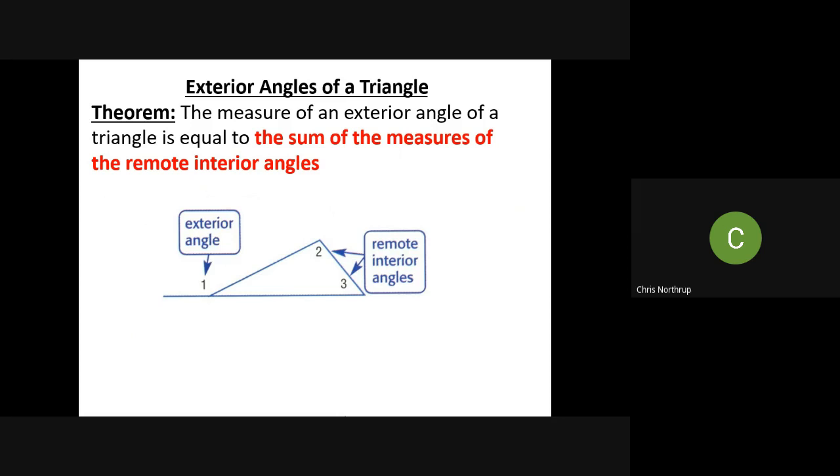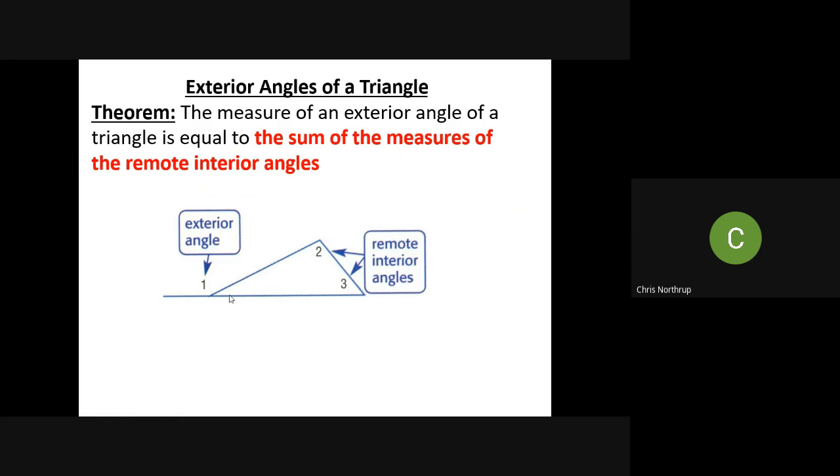So it turns out whatever that angle is, so angle 1, is always going to be the sum of the remote interior angle measures. And so the reason why is really about that adding up to 180. So here I could say that the measure of angle 1 equals the measure of angle 2 plus the measure of angle 3. And the reason why is, let's suppose that next to angle 1, let's label that angle 4 or angle 5.